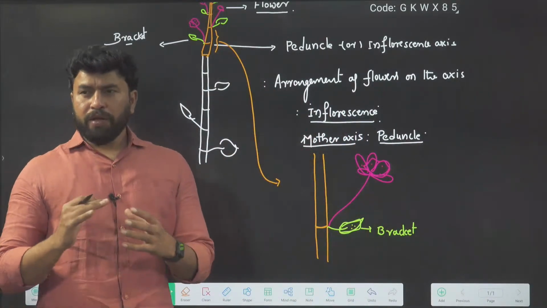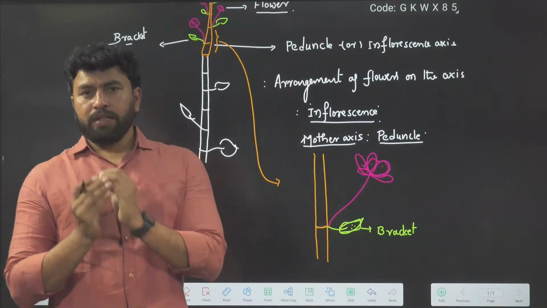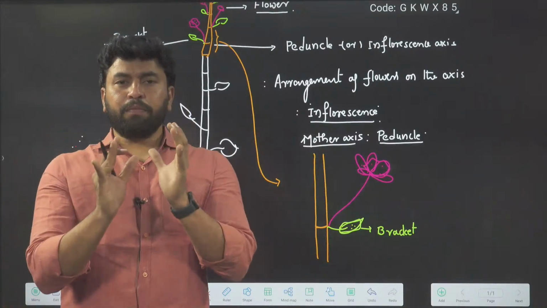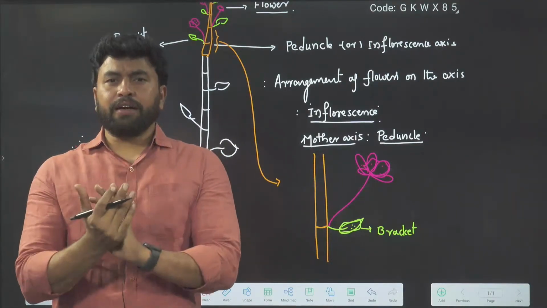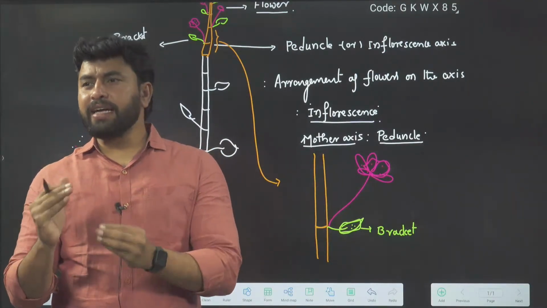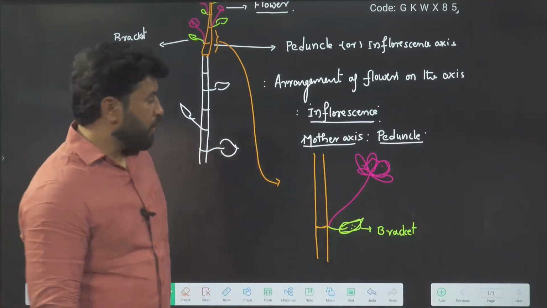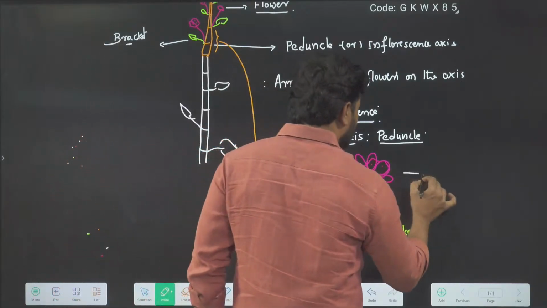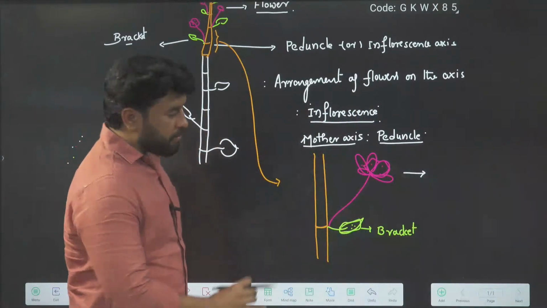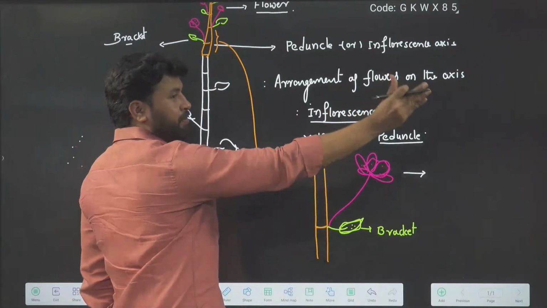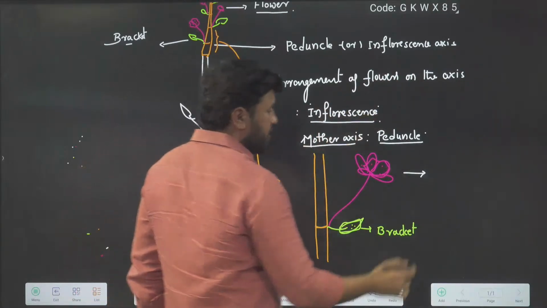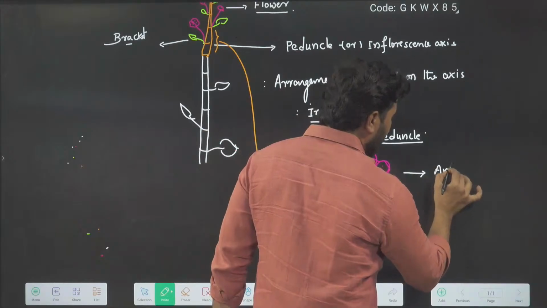Listen, whenever I want to define the flower developed on the mother axis, on which side of the flower exactly the mother axis is present. To represent outside, that means this is the mother axis, the flower facing away from mother axis, that area is called anterior portion.